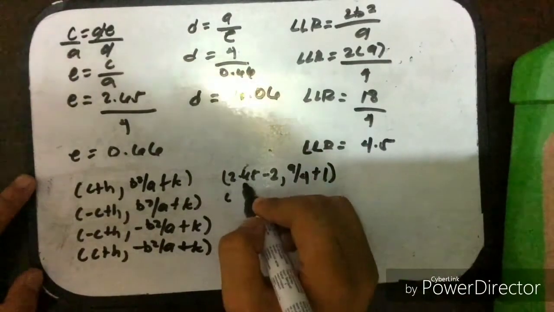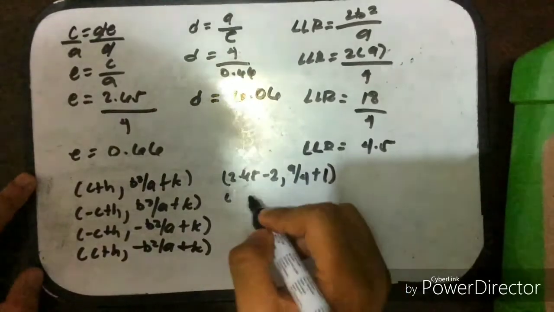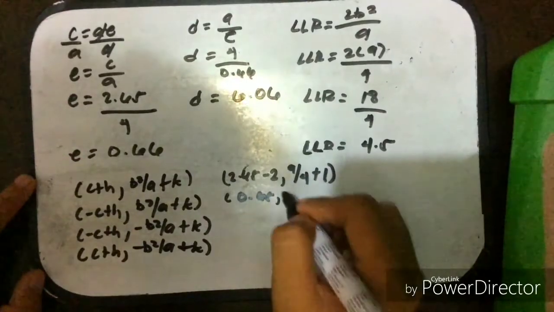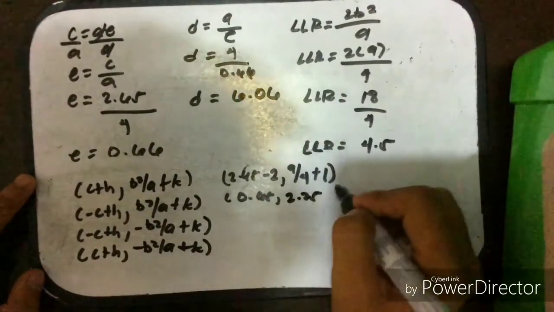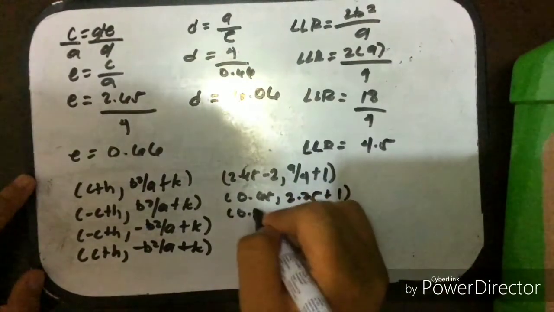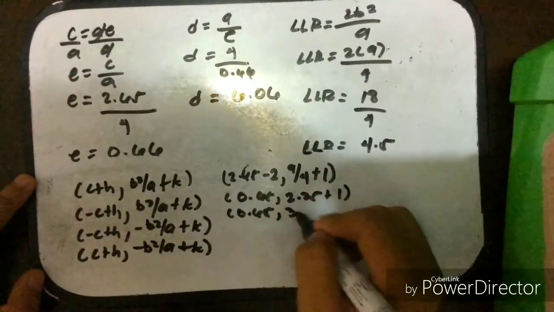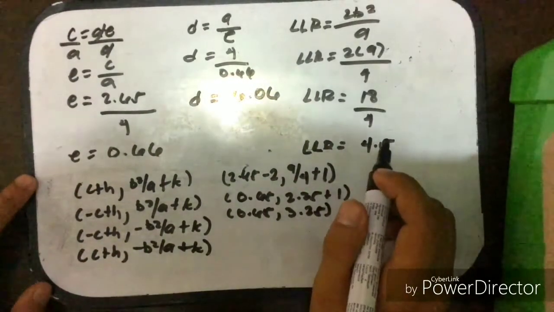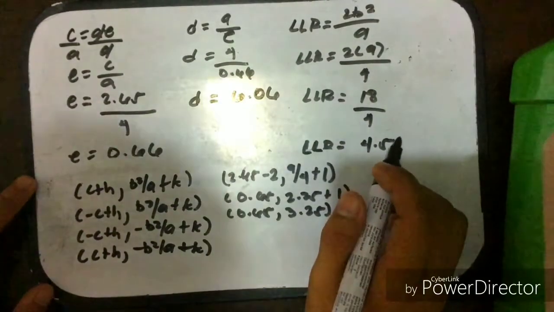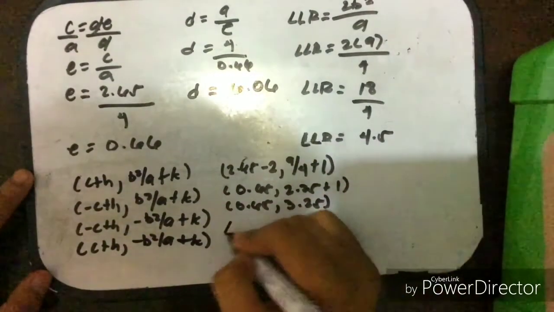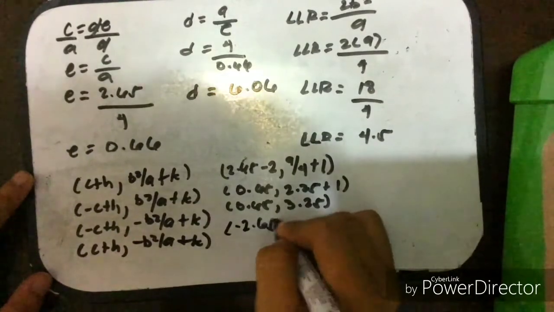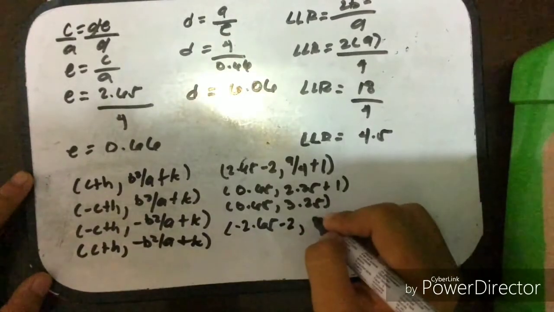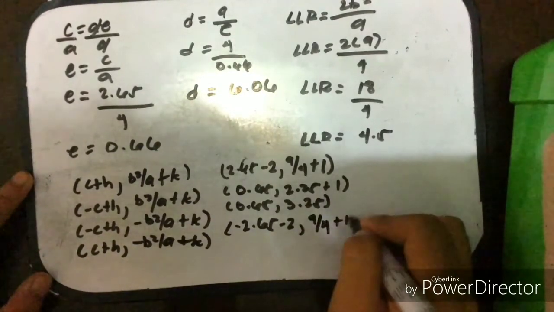So 2.65 minus 2 is 0.65. Then 9 divided by 4 is 2.25 plus 1 is 3.25. So 0.65 and 3.25. That is for your lateral recta number 1. And for the lateral recta number 2, or coordinate number 2, negative 2.65 minus 2 and 9 over 4 plus 1.